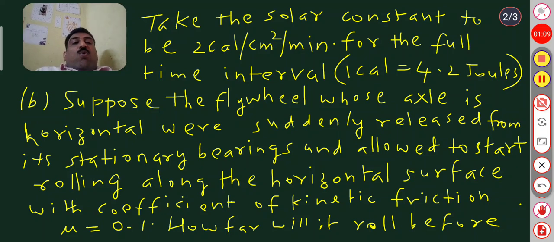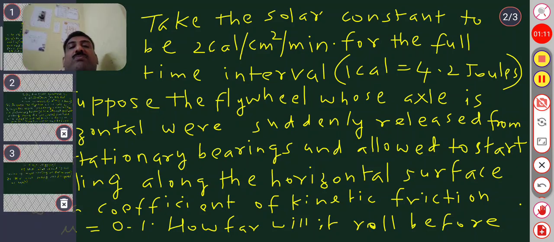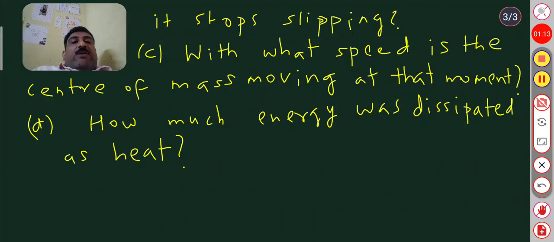How far will it roll before it stops slipping? With what speed is the center of mass moving at that moment? And the last one, how much energy was dissipated as heat?